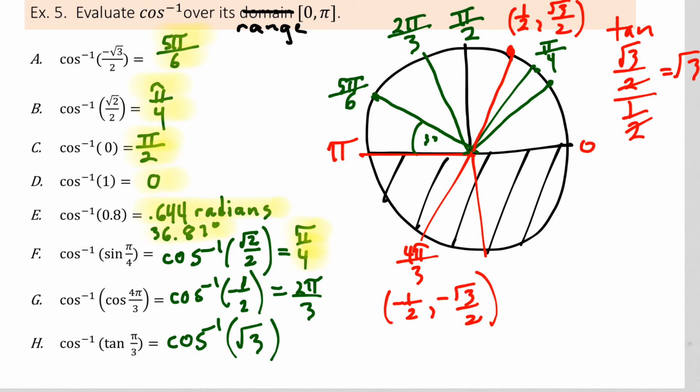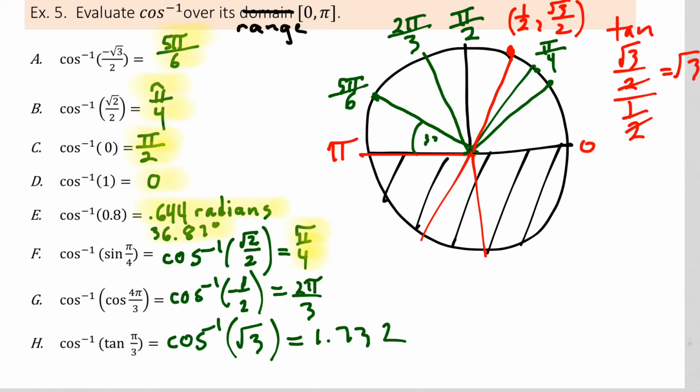So root 3 is not one of our standard cosines on the unit circle, so we're going to have to use the calculator for this. So we could either do it in degrees or in radians, or in both. So before I do this, I want to find out what the decimal value of root 3 is so I can see whether it's between -1 and 1, because if it's not, then it's going to be does not exist. So root 3 is 1.732.